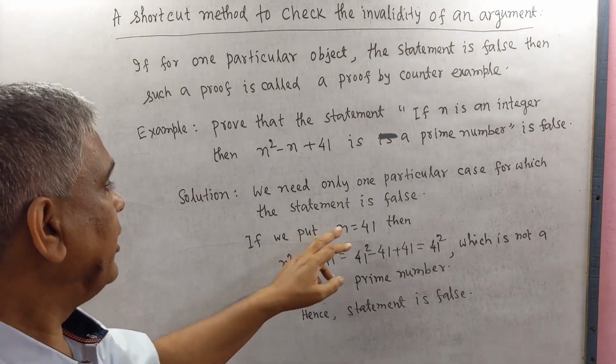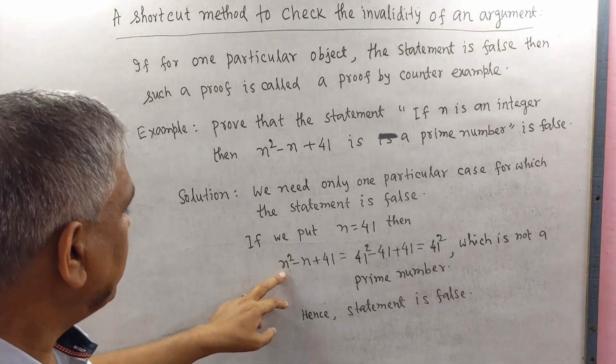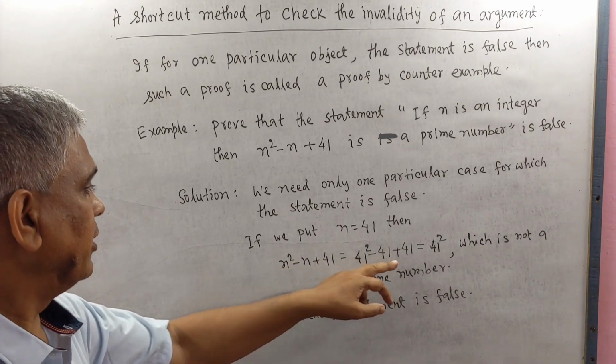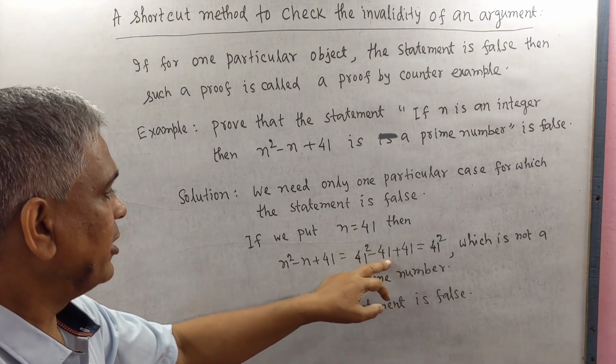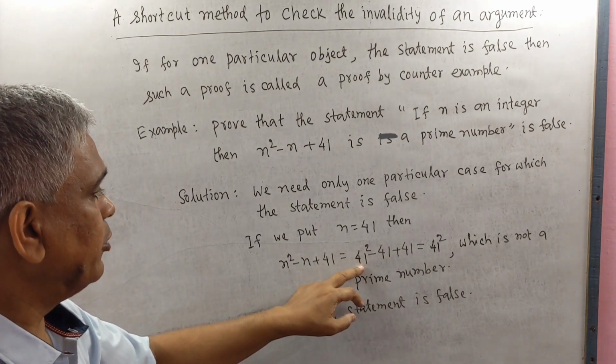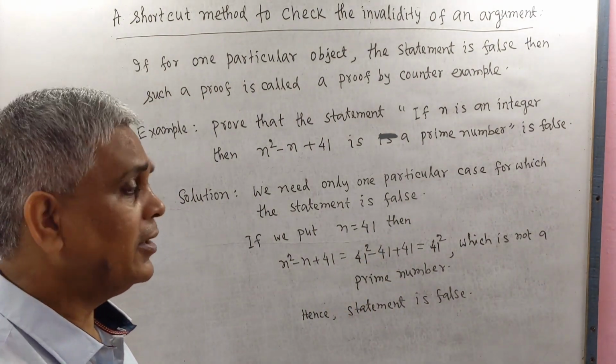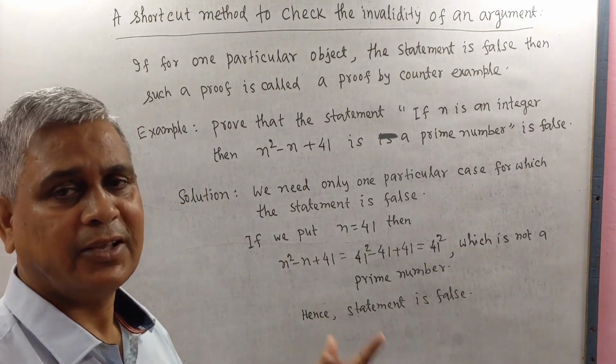If we put n equal to 41, we get 41 square minus 41 plus 41. 41 cancels, only 41 square remains, which is not a prime number, hence the statement is false.